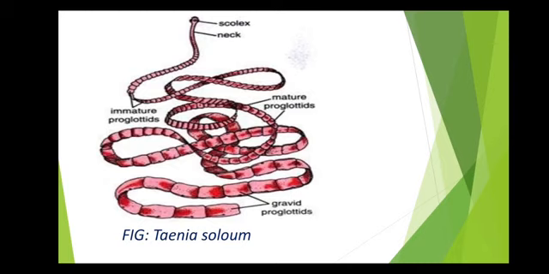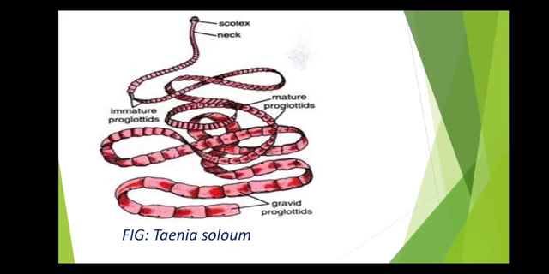The rostellum bears at its base about 22 to 32 small curved chitinous hooks placed in circlets. Hooks of the posterior circlet are somewhat smaller than those of the anterior one.